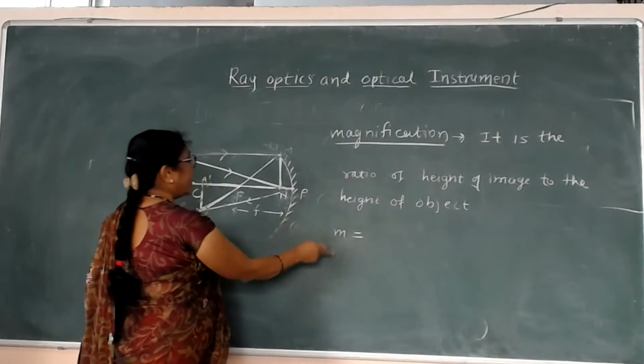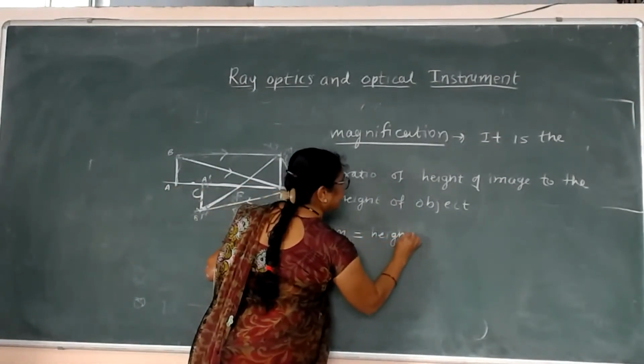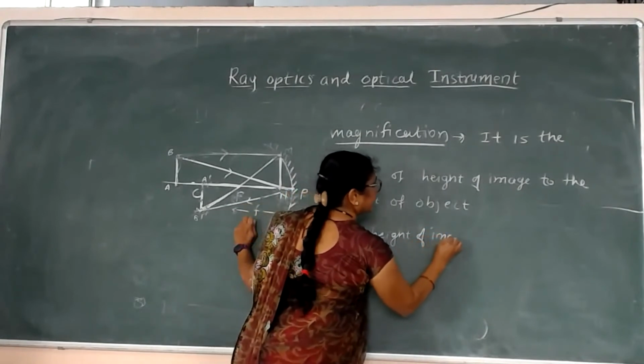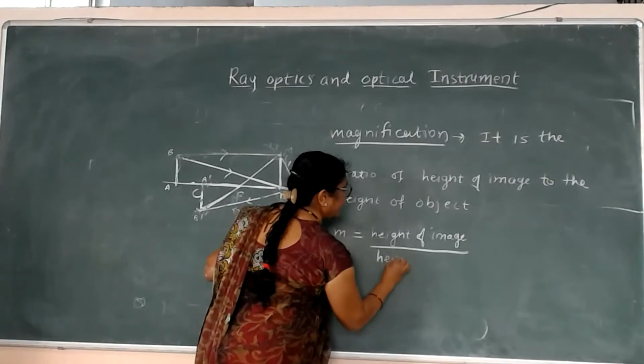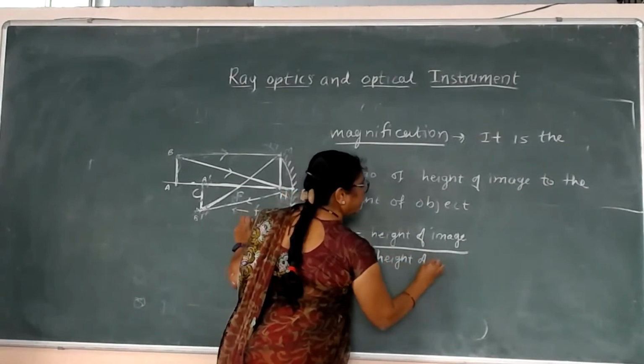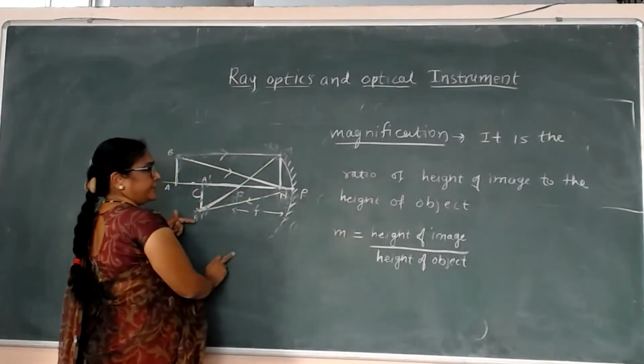magnification is equal to height of image to the height of object. So see the figure.